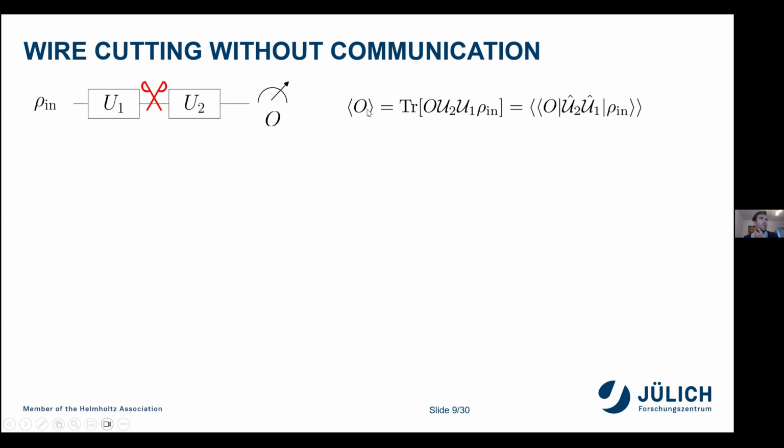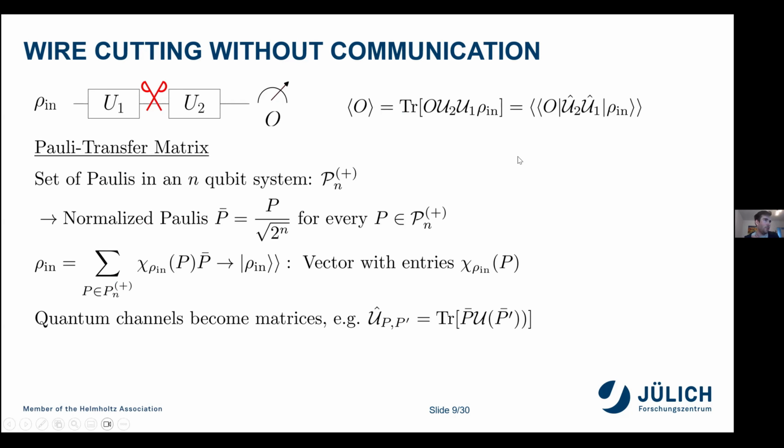So we can represent this expectation value like this with super operators, or we can write it in the Pauli transfer matrix representation. Since we use this Pauli transfer matrix representation in the paper, I quickly want to introduce it.